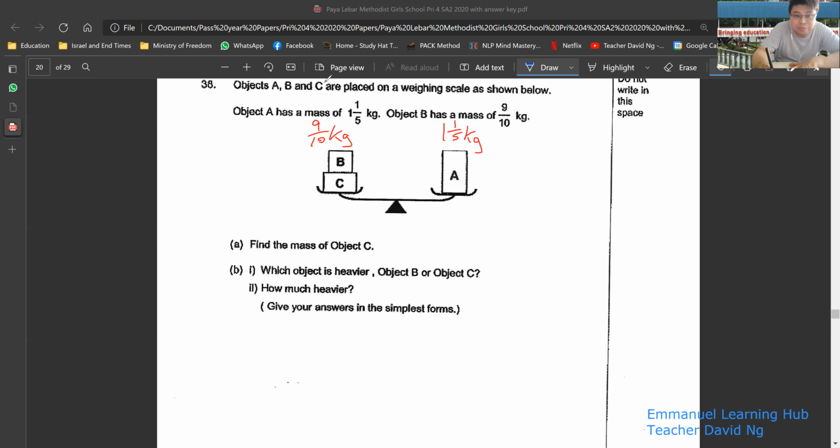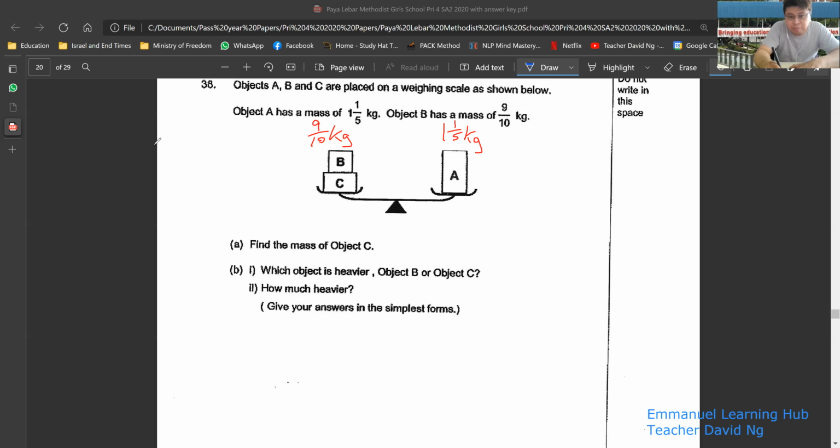Any idea? 1/5 plus 9/10. Why did you plus? Not divide. It's minus, but why minus?